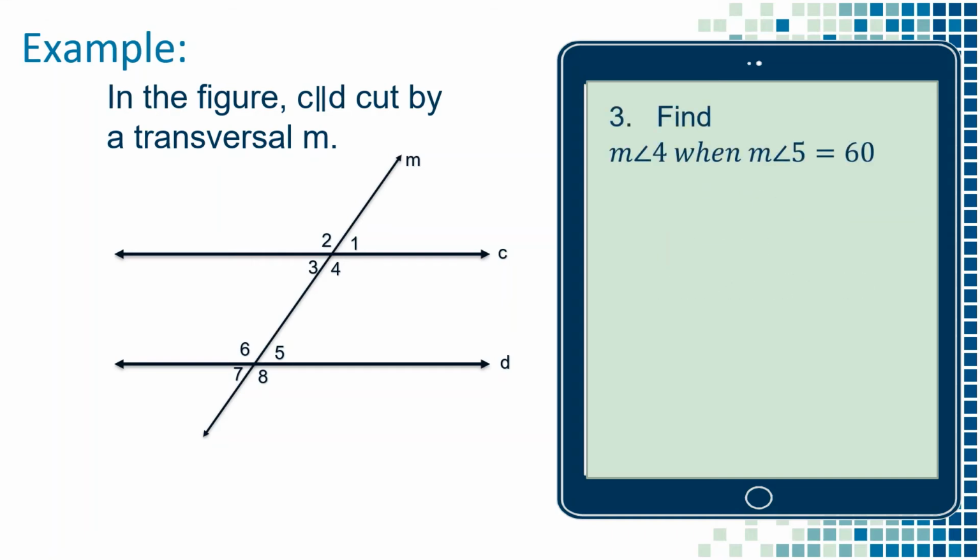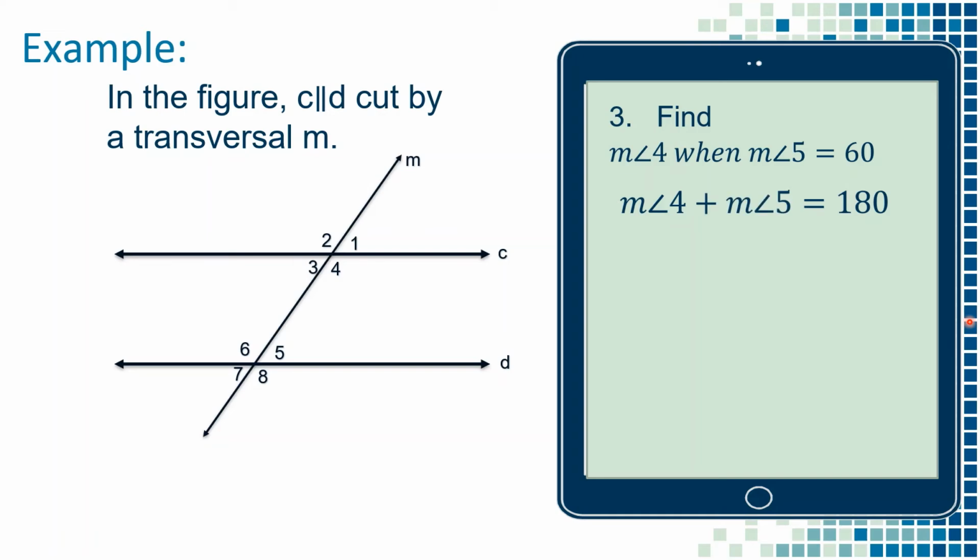Using the same figure, find the measure of angle 4 when the measure of angle 5 is 60. So what can you say about angle 4 and angle 5? Angle 4 and angle 5 are interior angles on the same side of the transversal. What relationship exists between same side interior angles? Correct. They are supplementary.